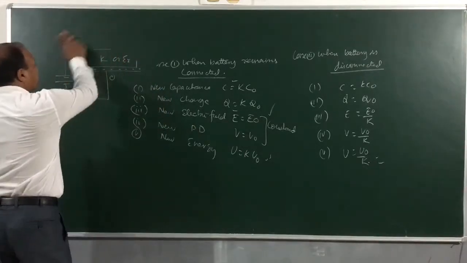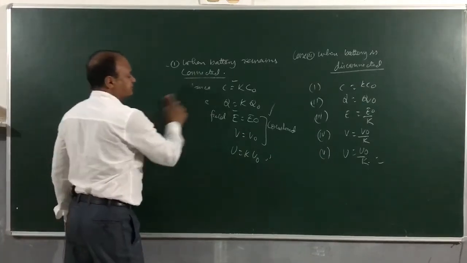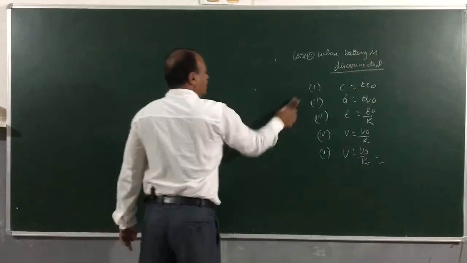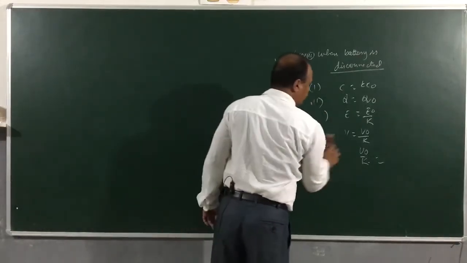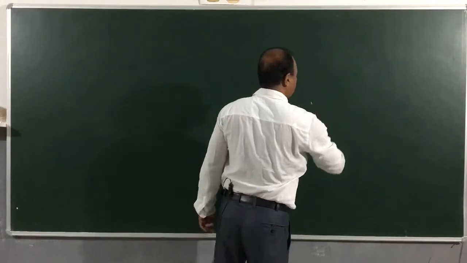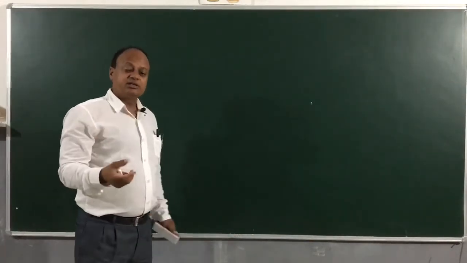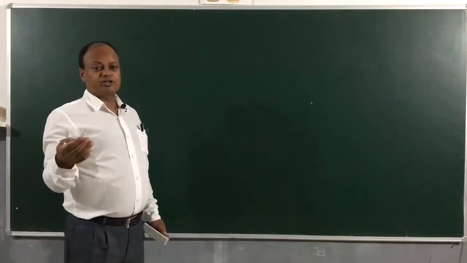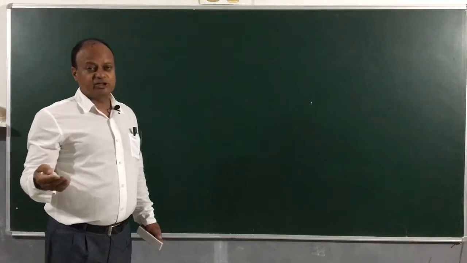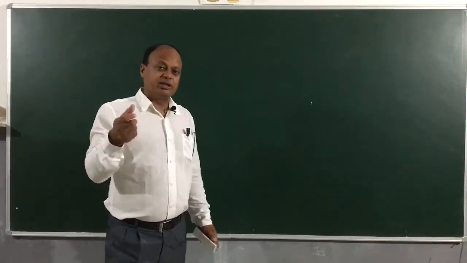Now we will be seeing, children, combination of capacitors. Like I told you, capacitors are used to supply a large amount of charge in a circuit, and there will be a need to increase the capacitance or to decrease the capacitance for practical applications. So for that we need to combine 2 or more capacitors together.